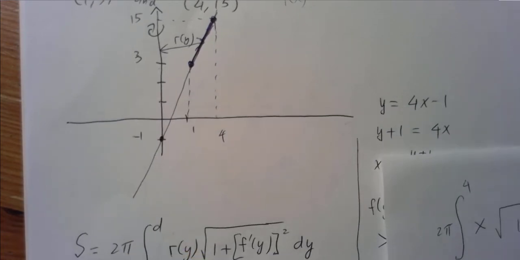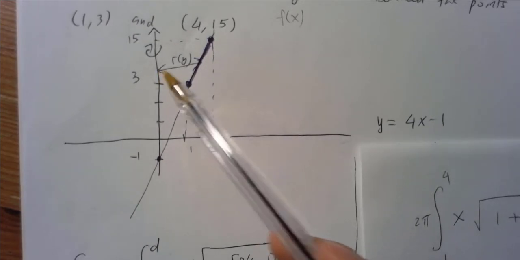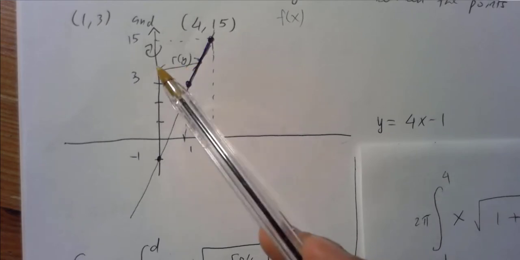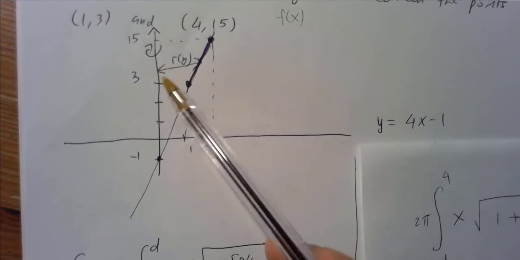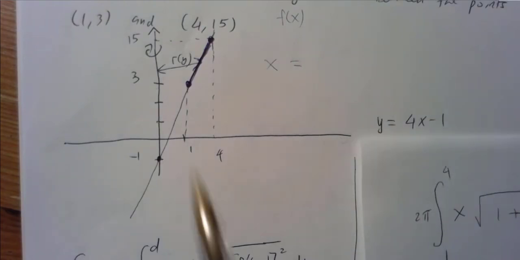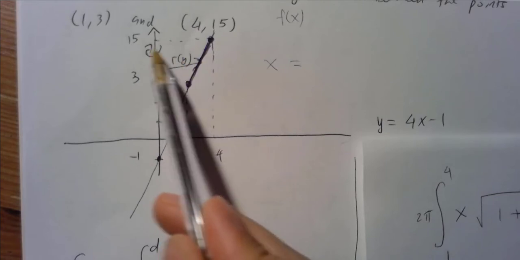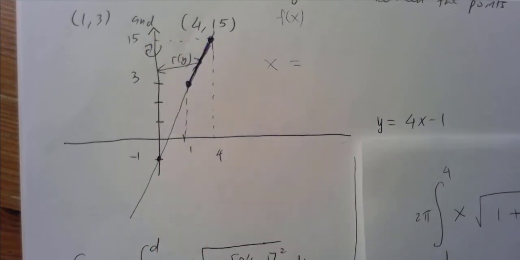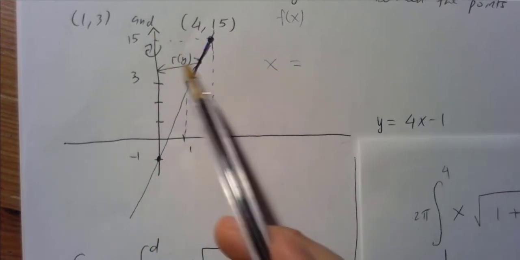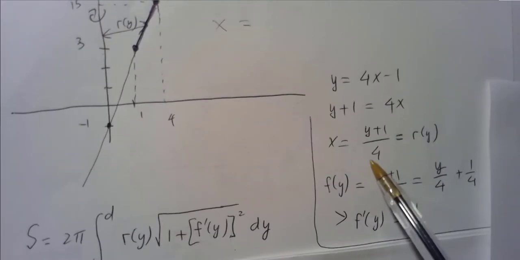Okay. Now the next one is the radius. The radius is still the same, which is the distance between the axis of revolution and the curve. Before, we found that to be x equals something, because as you move along the y, x gets bigger and bigger. So r of y is just x, and x is this expression right here, the whole quantity in terms of y.